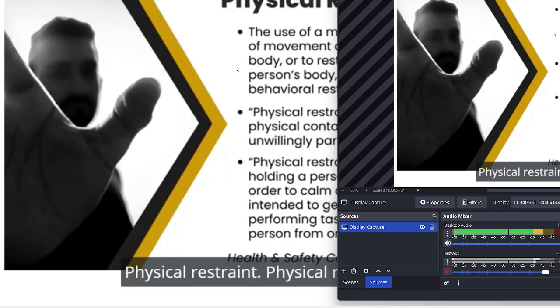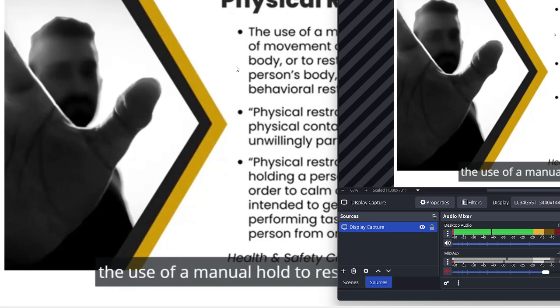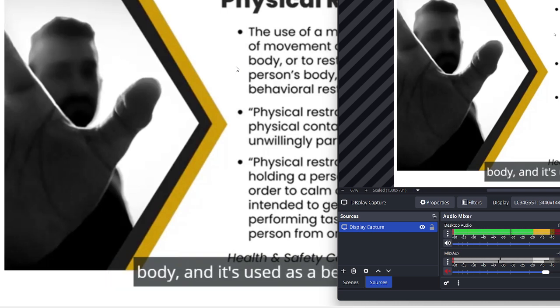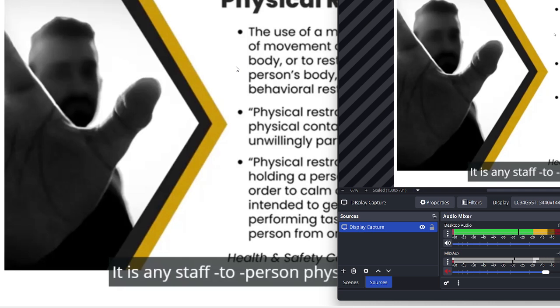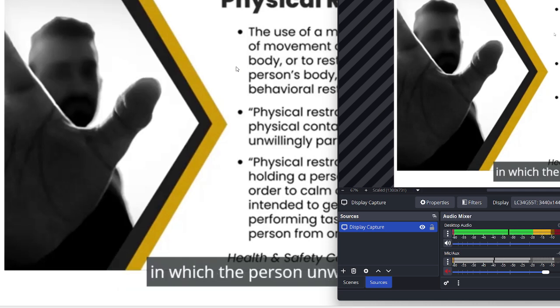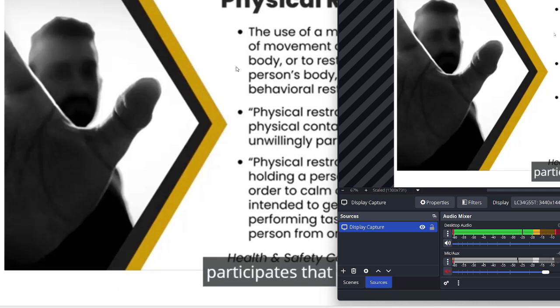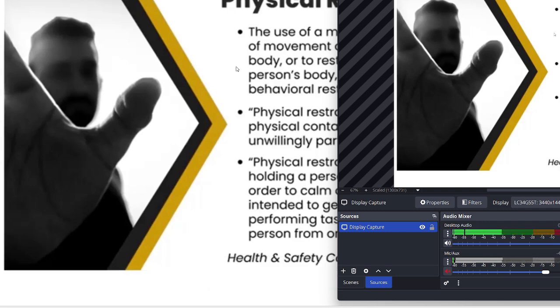Physical restraint. Physical restraint is the use of a manual hold to restrict freedom of movement of all or part of a person's body, or to restrict normal access to a person's body, and it's used as a behavioral restraint. It is any staff-to-person physical contact in which the person unwillingly participates that also restricts movement.